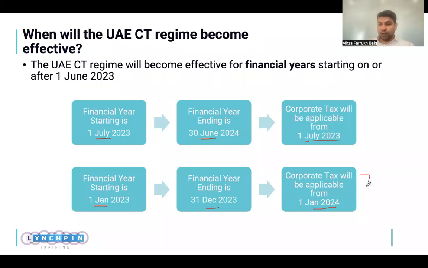In this scenario, where your financial year is a calendar year, the first year for which tax would be applicable is 2024. And as we know, we have 3 quarters after that, so our final tax return can be filed up to 30th of September 2025.